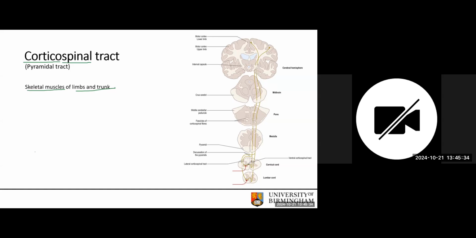Here in the spinal cord, we have this collection of cell bodies. This is where they will synapse with the lower motor neuron, and the lower motor neuron will take this information to the neuromuscular junction in the specific muscle that we want to move. So that is the difference with the previous one.